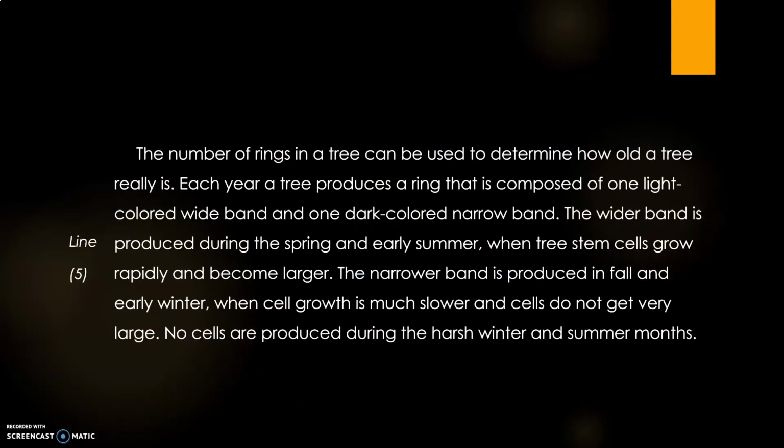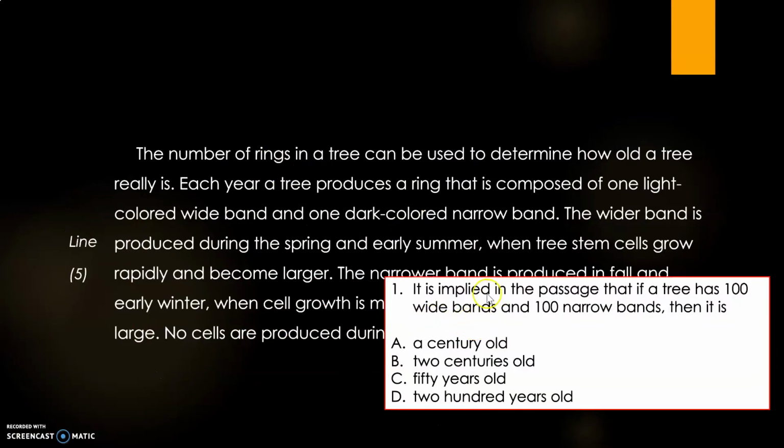So here's an example. The question is: it is implied in the passage that if a tree has 100 wide bands and 100 narrow bands, then it is... So let's make a keyword from this question. It's about tree, wide bands, narrow bands. Now let's scan the text that has information about wide bands and narrow bands.